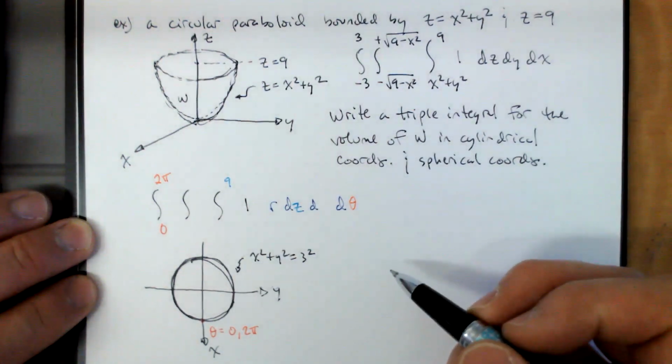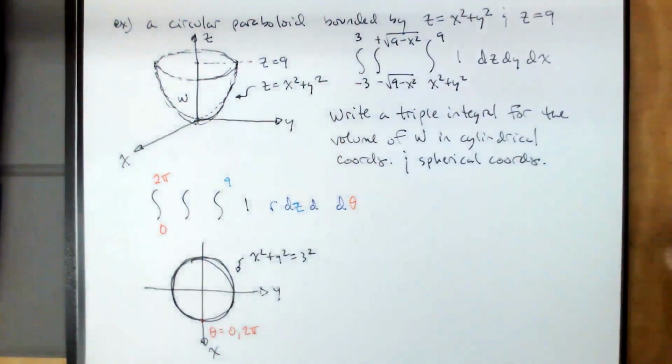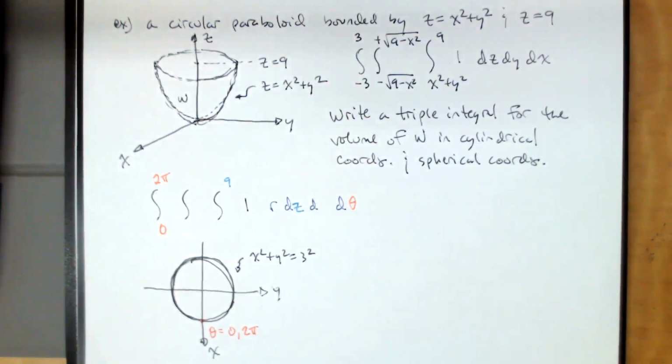So fortunately for our heroes, we can translate. And this is why I picked the circular thing, because, lazy teacher, kind of lazy. We picked a circular thing because it's easy to translate x squared plus y squared into polar coordinates, or in this case, cylindrical coordinates.